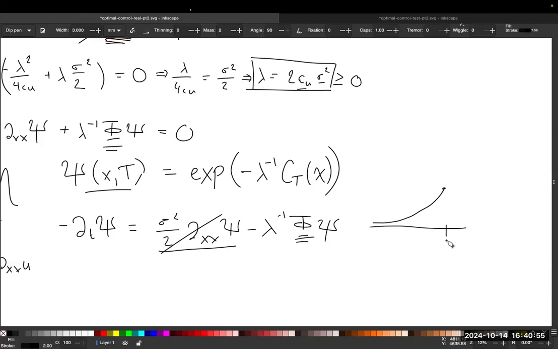So maybe this is time t2, and then we go to some earlier time t1, and we get a decay over time. That's what this ODE term is telling us. So there's a decay term and a diffusion term, and that's what we have in this PDE: a decay-diffusion equation running backwards in time.